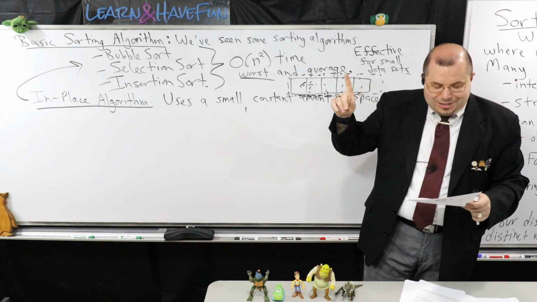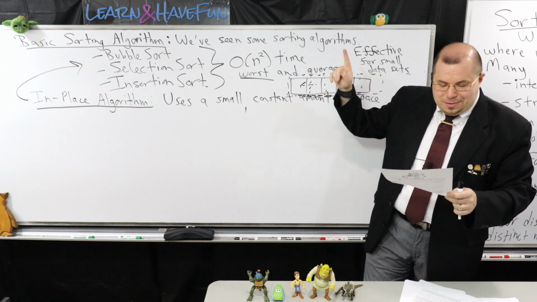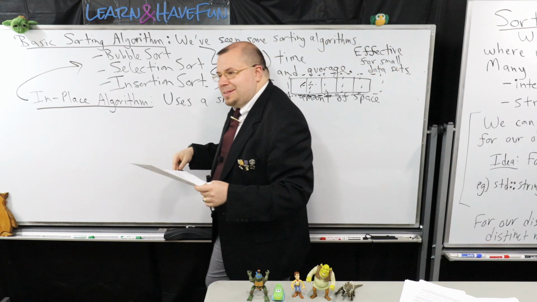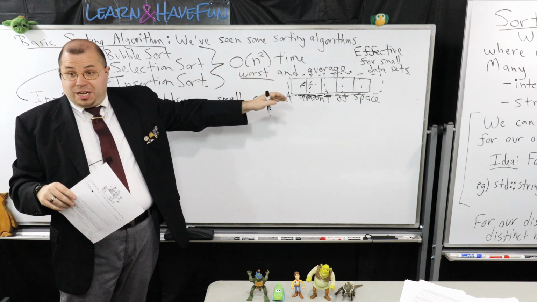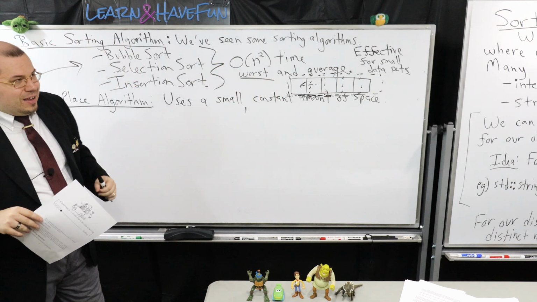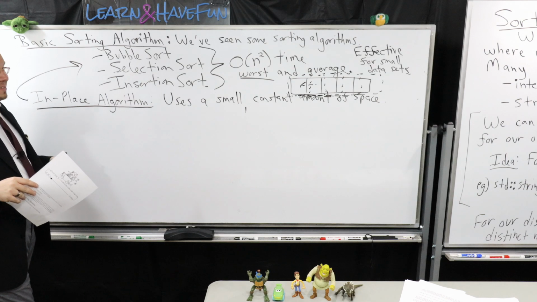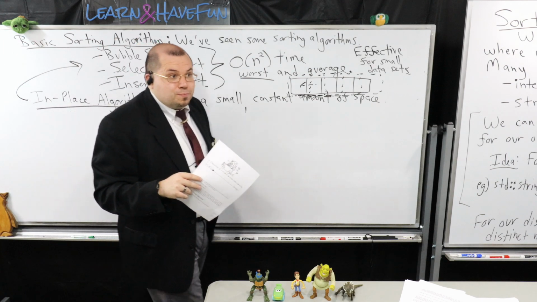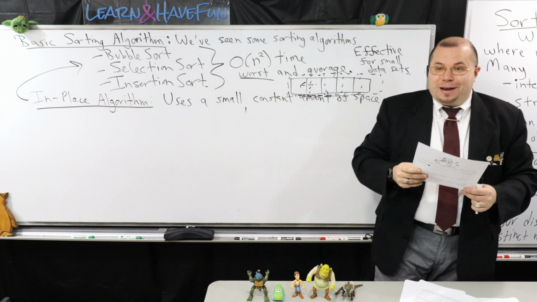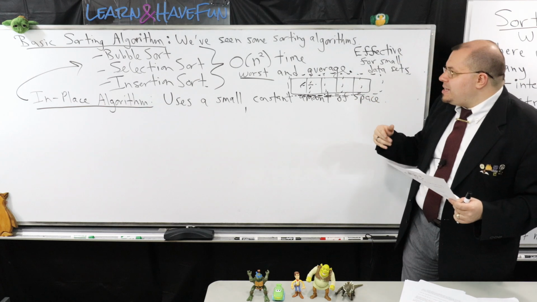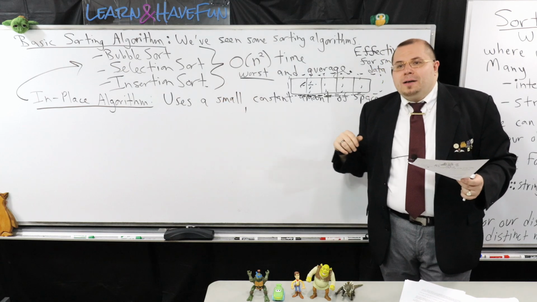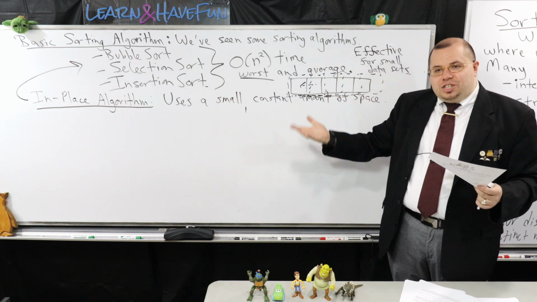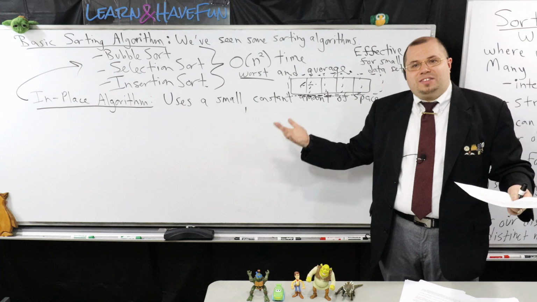What I would like to do is talk about some sorting algorithms that can achieve better worst case running times or better average case running times. In many cases, they might be able to do pretty effectively. One thing I want to stress is that these three here do eventually check if it's sorted or not.